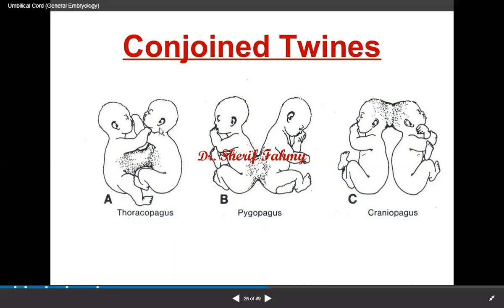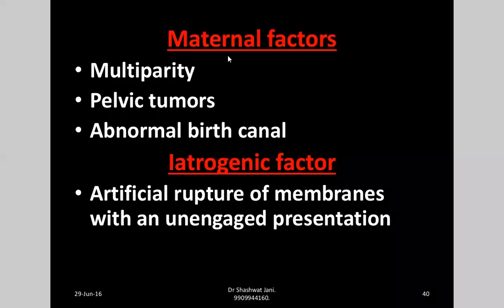So we are seeing different abnormalities of the umbilical cord, lengthwise, that is long length and short length, then cord-wise and attachment-wise.